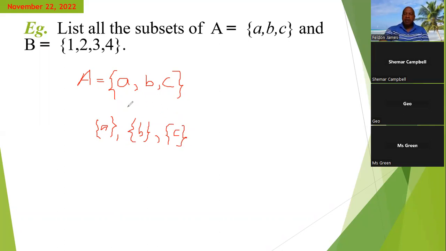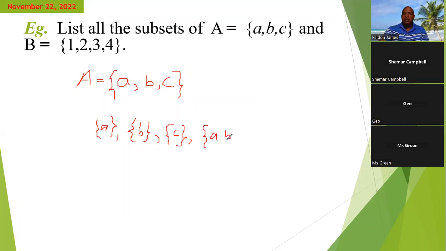Now, can we form any other subset apart from just A by itself, B by itself, and C by itself? Well, we can group them in terms of two members. If we are grouping them in terms of two members, how many groups of two members can we form? All right, so we can start off with A and B forming a subset.